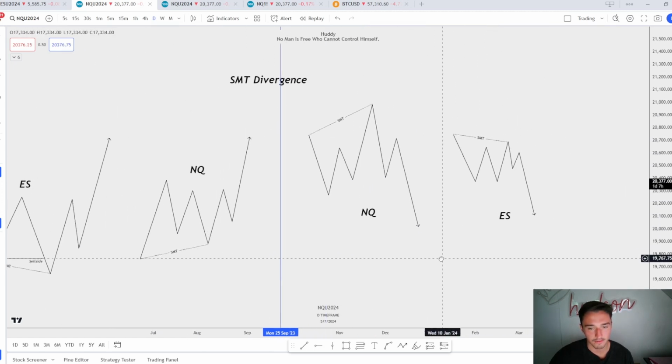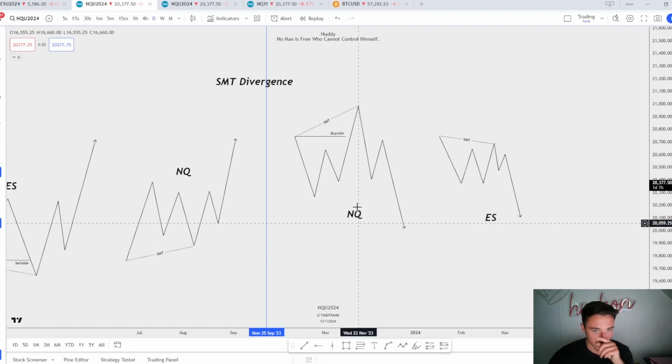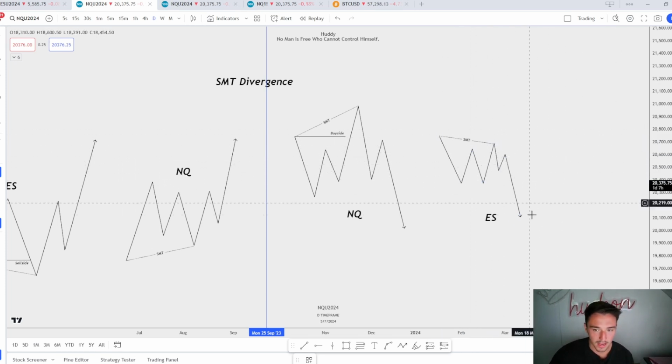Now the inverse of that is the bearish. As we see right here, NQ takes this high, so NQ has taken buy side liquidity. So NQ takes this high and sweeps buy side. If we take a look over here at the ES, ES refuses to take that high, and then we displace lower, fill out an imbalance, CISD, whatever your entry model is, whatever you want to enter off of is right here, and then we deliver to these equal lows down here on the ES and then on the NQ.